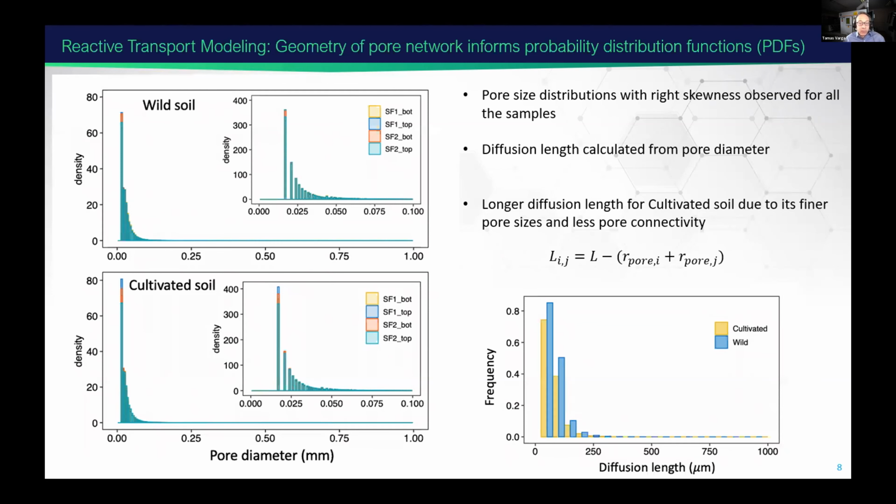But if we could do some sort of region of interest imaging and stitching of the high resolution data and computationally handle that efficiently, then we could get really important information for the models, because we know that pores below 30 microns are really important for microbial processes as well, and they of course bind a lot of organic matter.